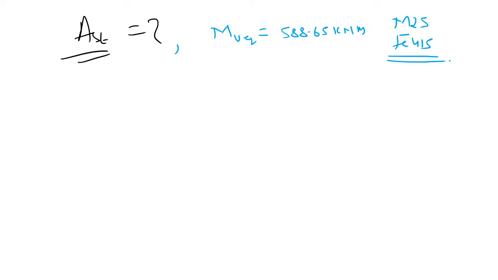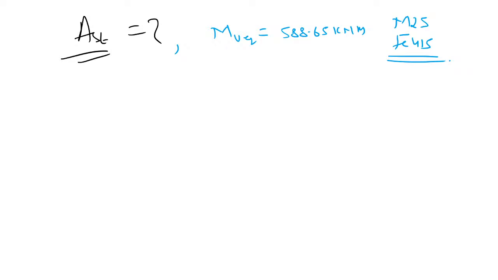The procedure says, first of all equate your bending moment or your moment of resistance with Mu equivalent, and from there you can find the value of xu. Then using that value of xu, you will be able to calculate the area of steel from the tension side. So it is a two-step procedure.